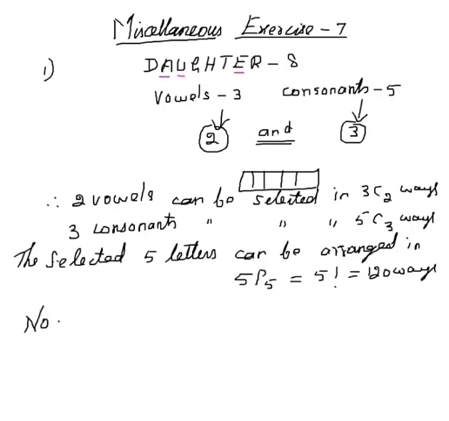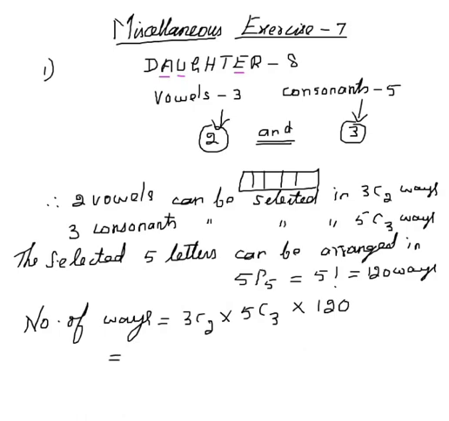Therefore, total number of ways is equal to, we have to select 2 vowels and we have to select 3 consonants out of 5 consonants and we have to arrange all 5 selected letters. So it is and. We need to multiply.